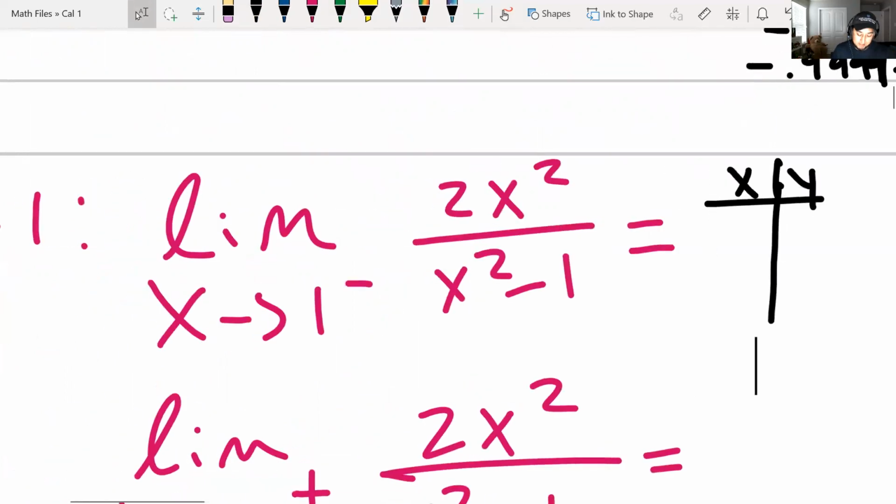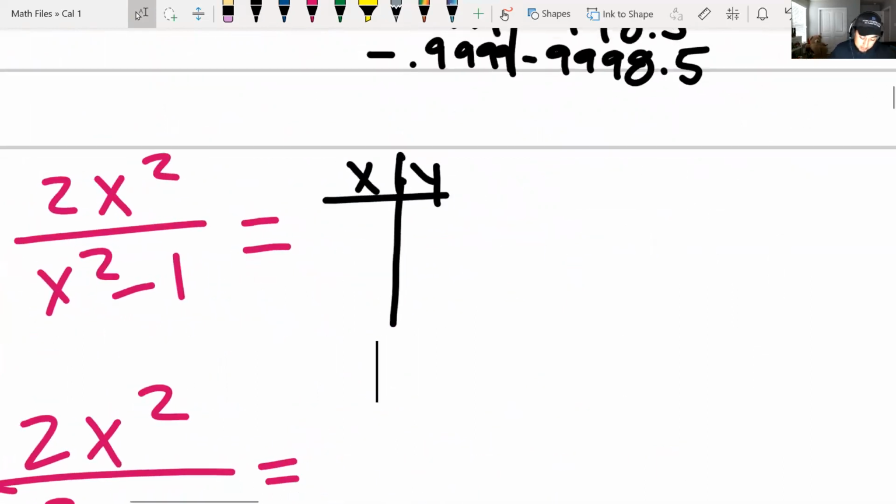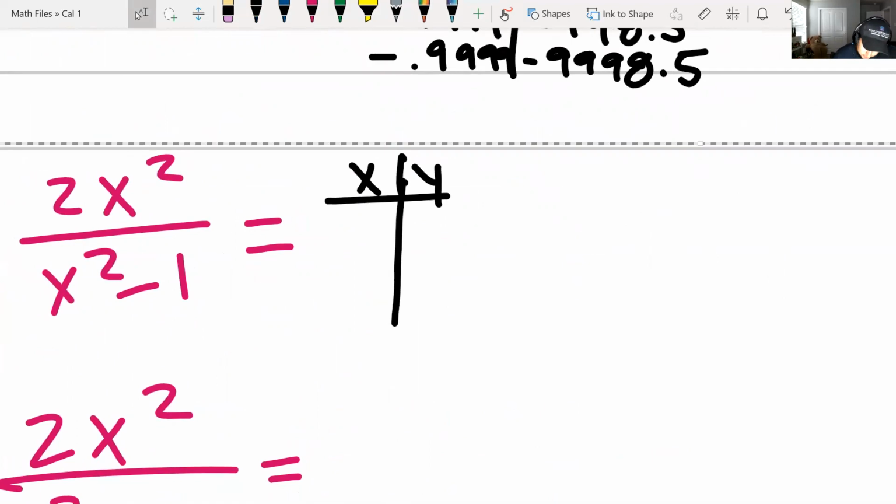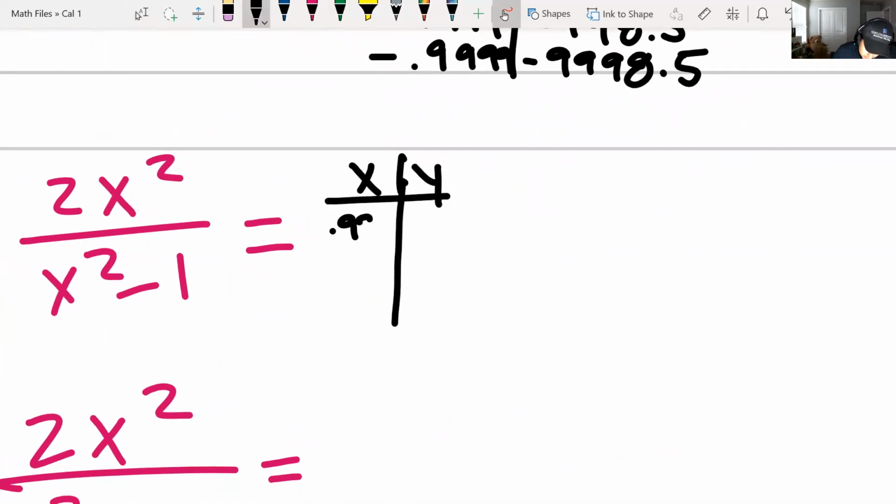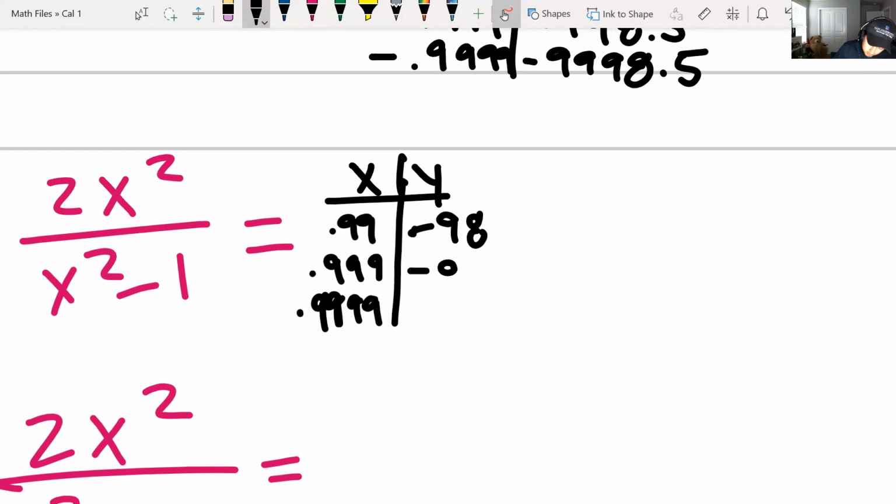Okay. Once again, XY charts. And this one is for numbers to the left of 1. So I'll want 0.99, 0.999, 0.9999. 0.99 gives me -98. 0.999 gives me -998.